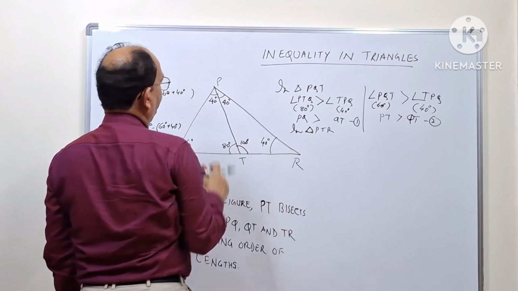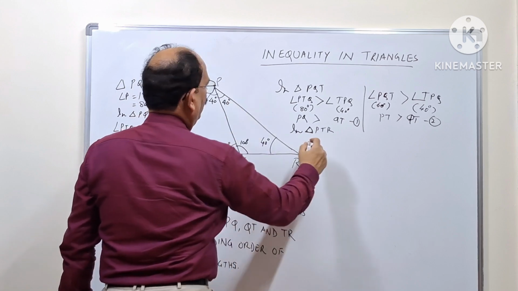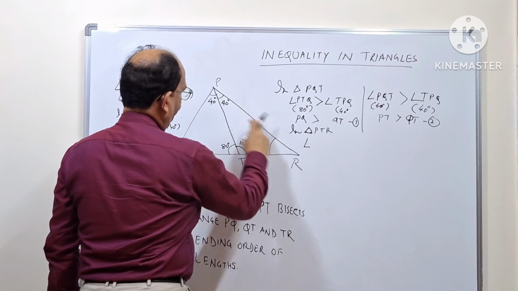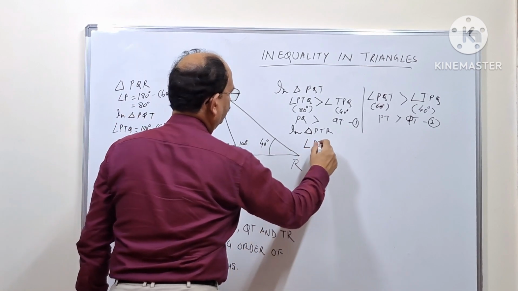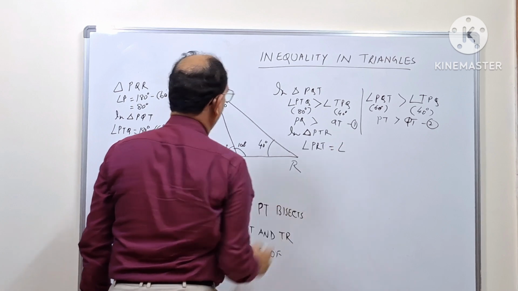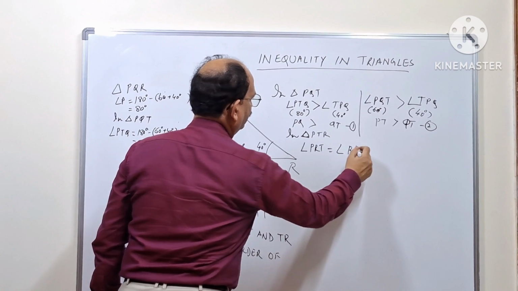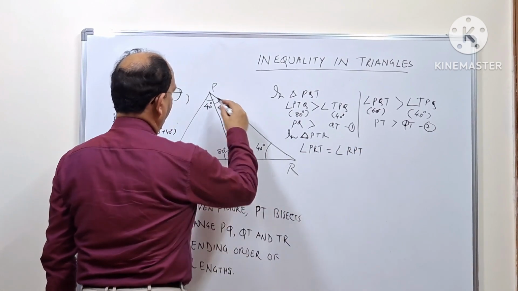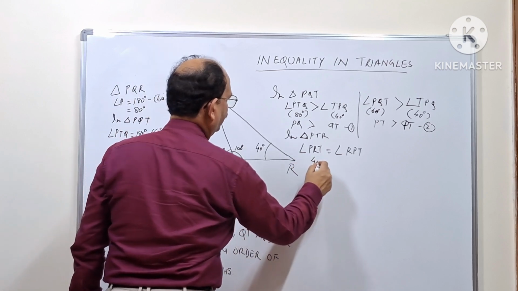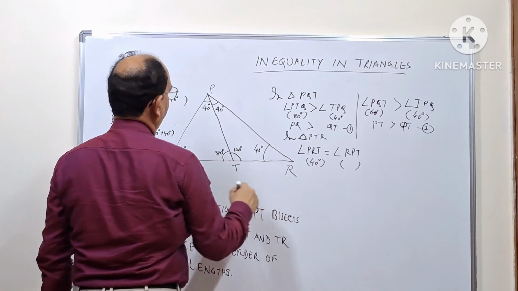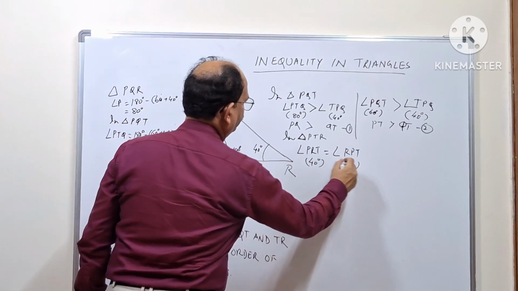So in triangle PTR, what happens? Angle PRT is equal to angle RPT, because PRT is equal to 40 degrees and RPT is also equal to 40 degrees.